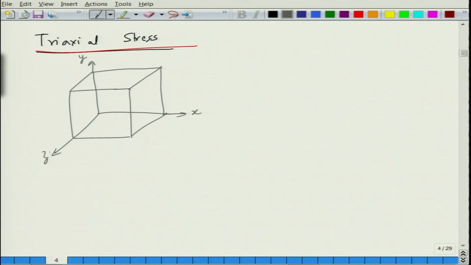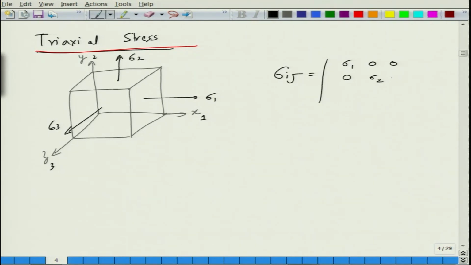What triaxial state of stress means is you have sigma 1, sigma 2 and sigma 3. So, let us say if this is 1, 2 and 3. So, you can write this sigma ij as sigma 1 0 0, 0 sigma 2 0, 0 0 sigma 3. This will be the triaxial state of stress.